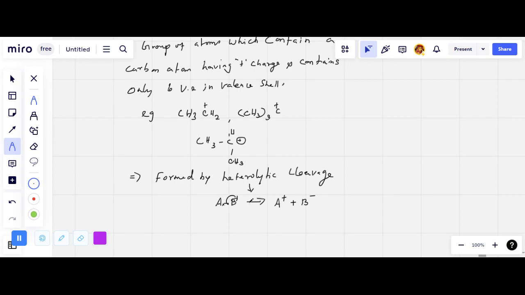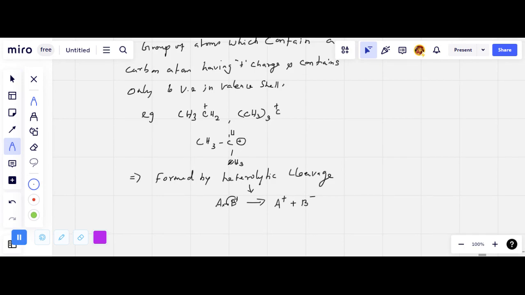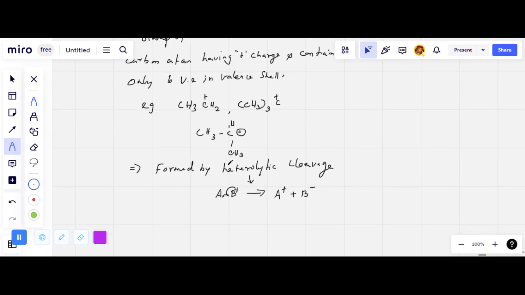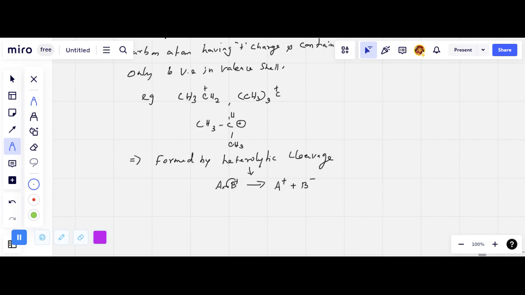But homolytic means equal distribution: one electron goes to A and one electron goes to B, and we get free radicals. But here the carbocation is formed by heterolytic cleavage, because it possesses a positive charge. That is one point.